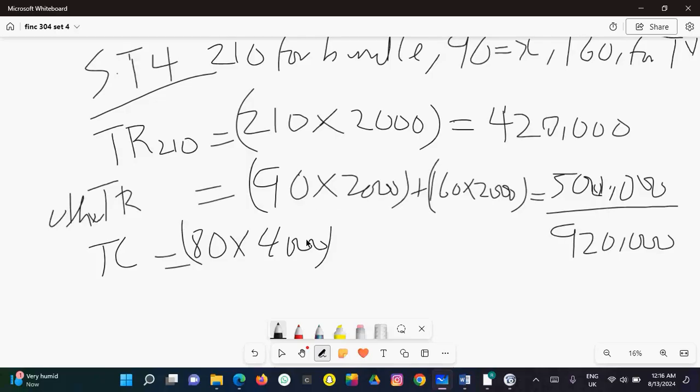So it's the same, right? I've combined it, that's why you're seeing it this way. Then total cost is going to be 320,000.